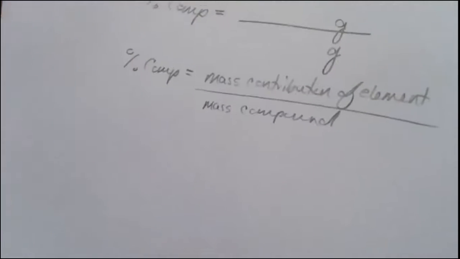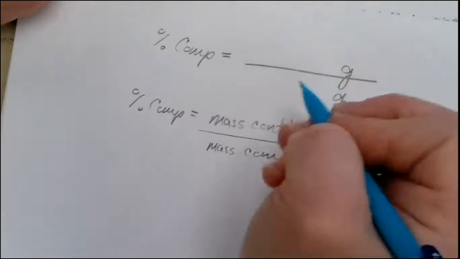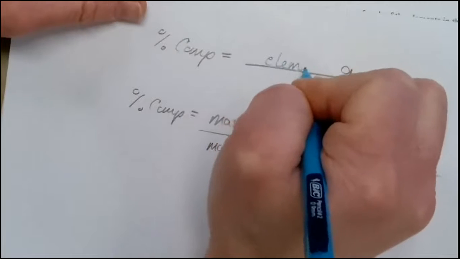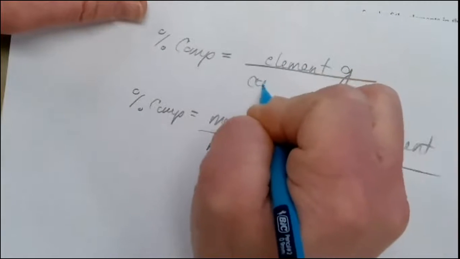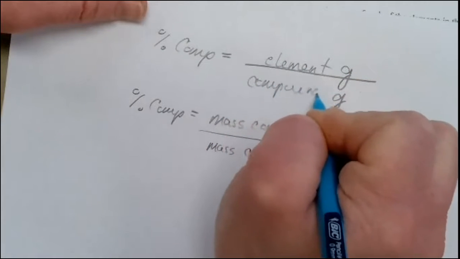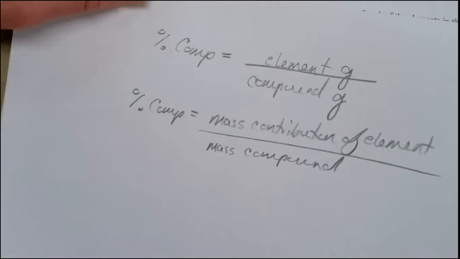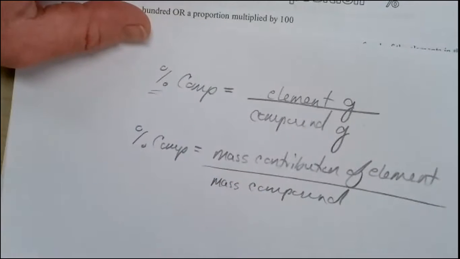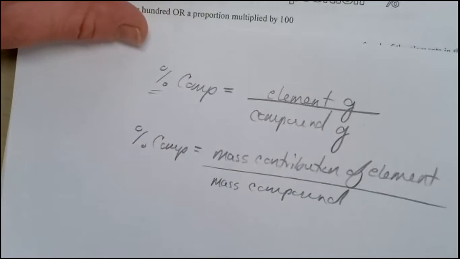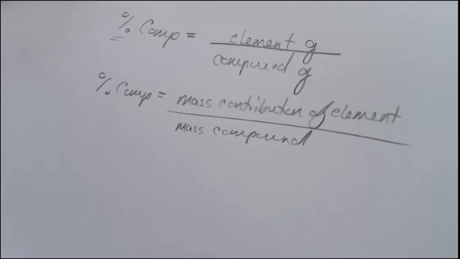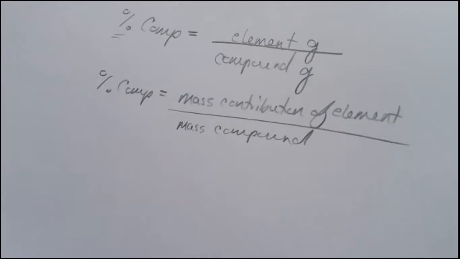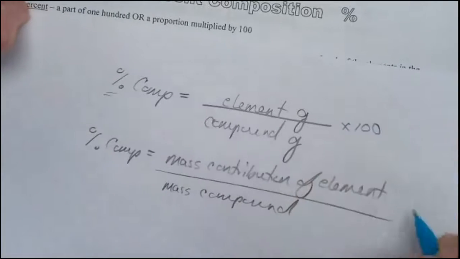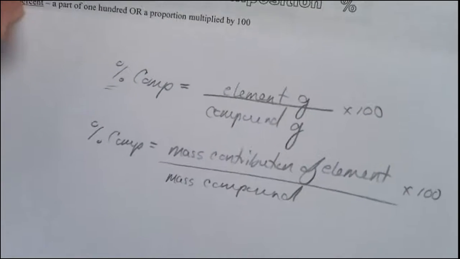But we're just missing one thing, sir. To make it a percent? What are we missing from the formula? Yeah, exactly. And remember, the 100 does not impact our significant figures. All right.